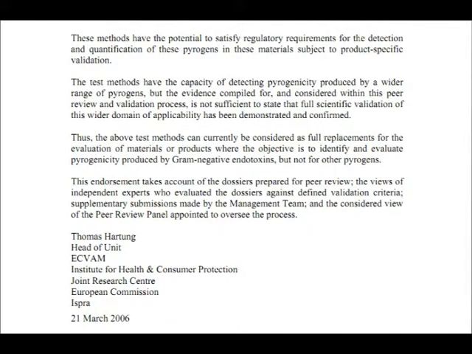And it's signed by Thomas Hartung, Head of Unit, European Centre for Validation Alternative Methods, Institute for Health and Consumer Protection, Joint Research Centre, European Commission, ISPRA, which is in Italy, and it's dated the 21st of March 2006.